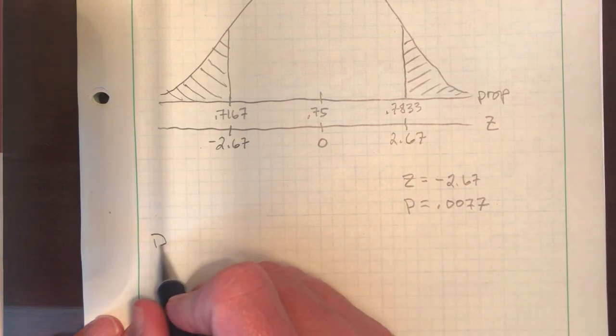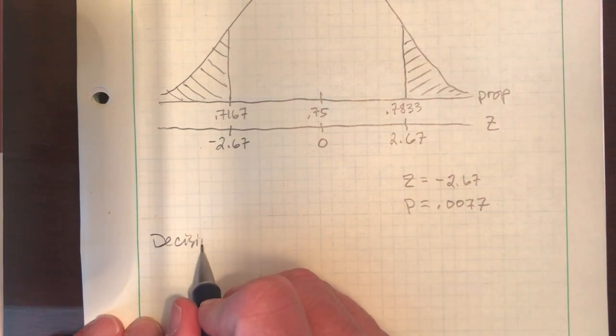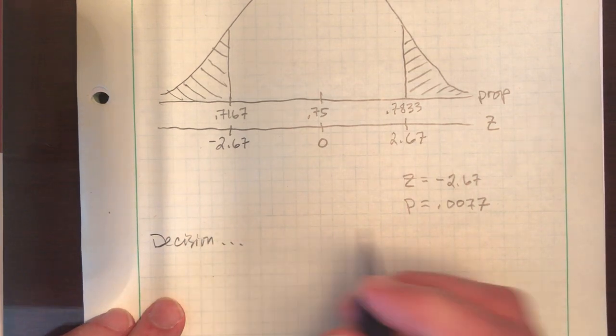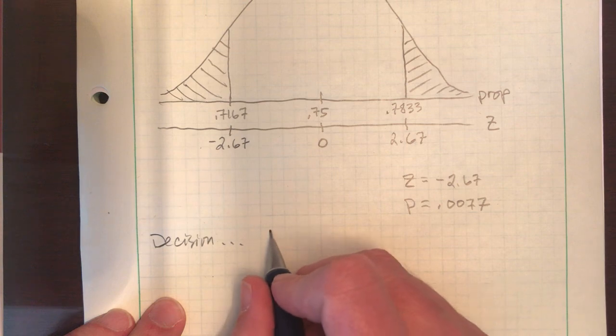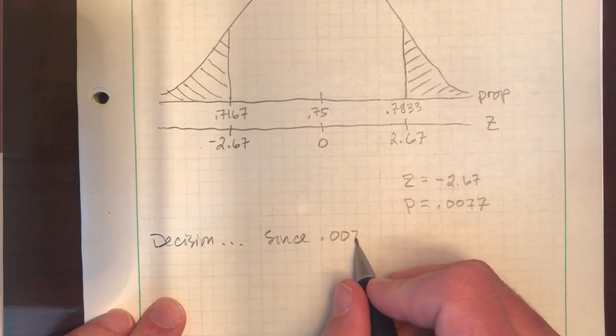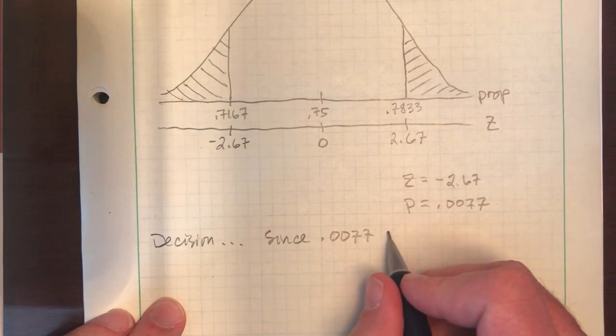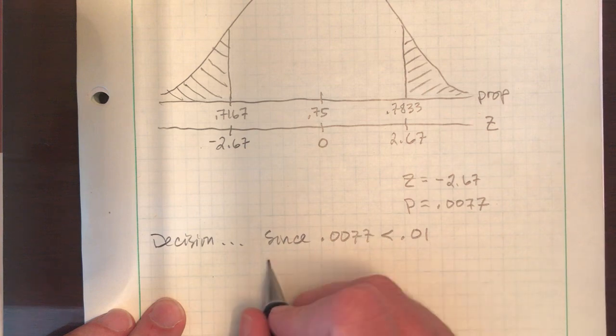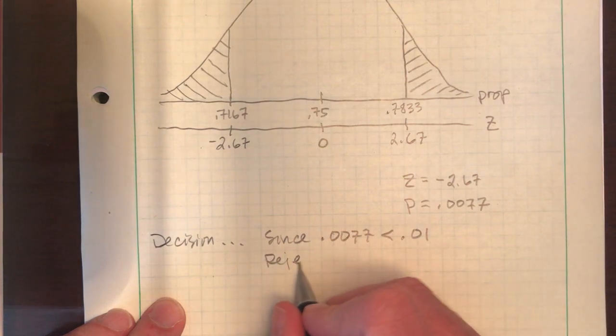So here's the decision we're going to make. At the beginning of this problem, we said the alpha level was 1%, and so my decision is this. Since my p-value, 0.007, is less than my alpha level, my decision is to reject the null.